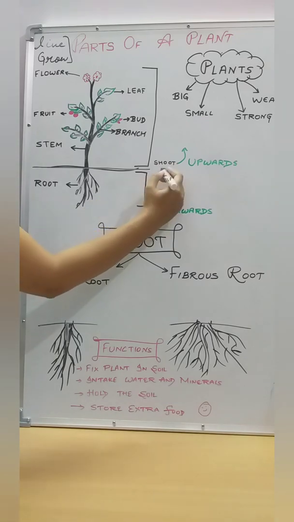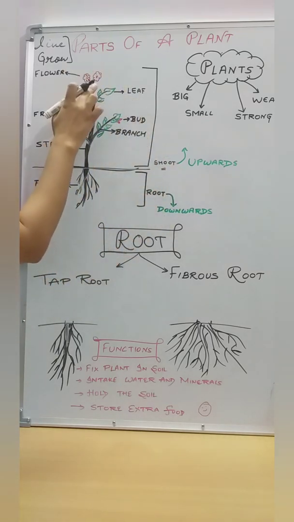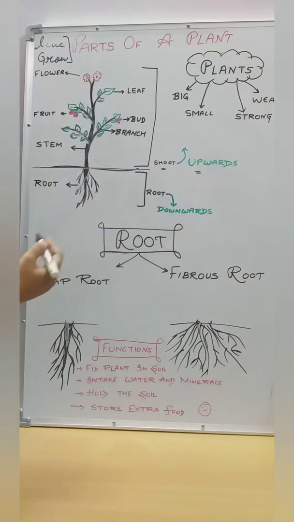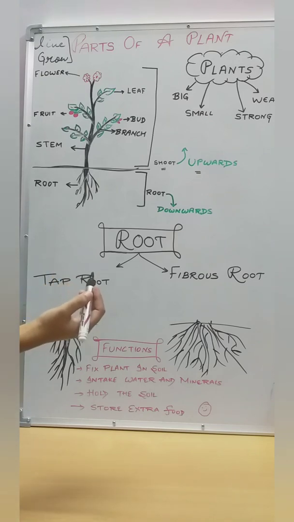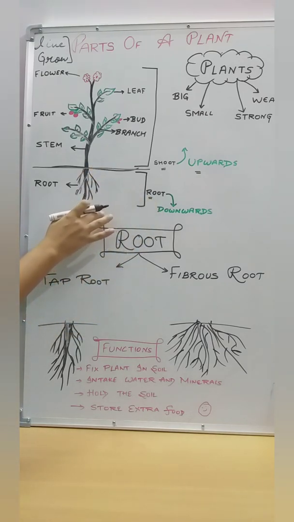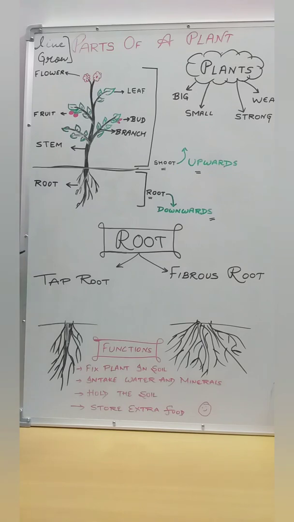That part we call the shoot. The shoot grows above the ground and it grows upward. Whereas the root is the part that is below the ground. It is below the ground and it grows downward. So let's see the part that is below the ground, that is root.